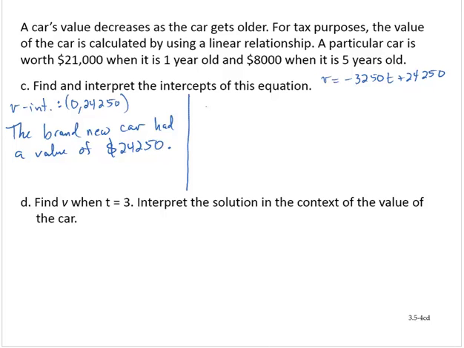To find the t intercept, we let v equal 0. So we would have 0 equals negative 3,250t plus 24,250. Let's solve for t. I will subtract the 24,250.